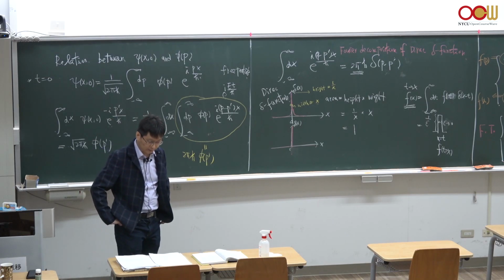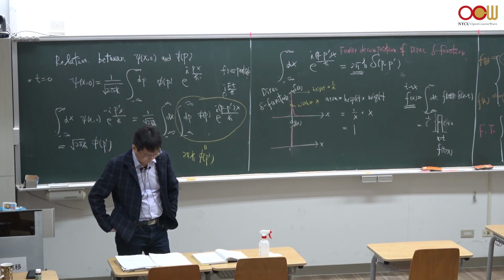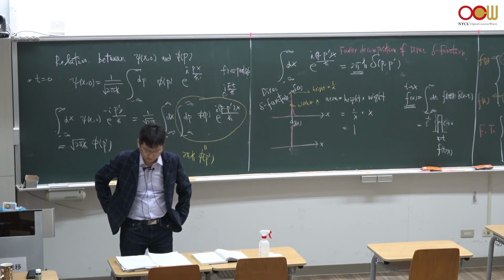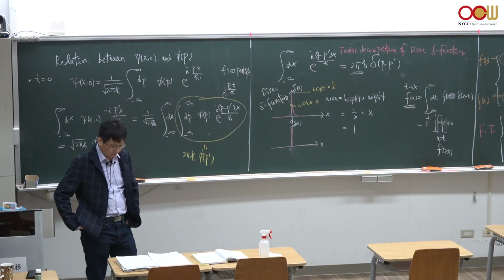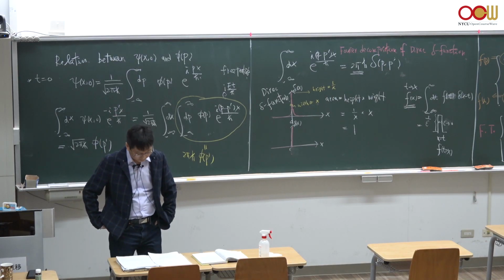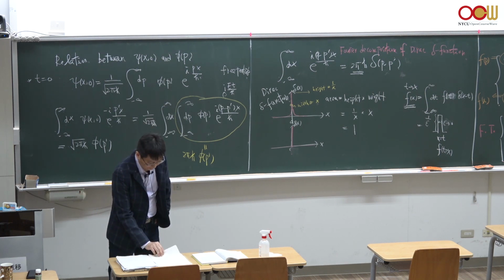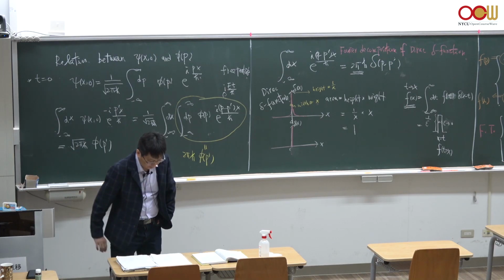For example, the expectation value of any observables, and current, probability current, and the commutation relations between the x and p operators. And again, their Fourier correspondence. Great. I guess that's probably a good time to stop.